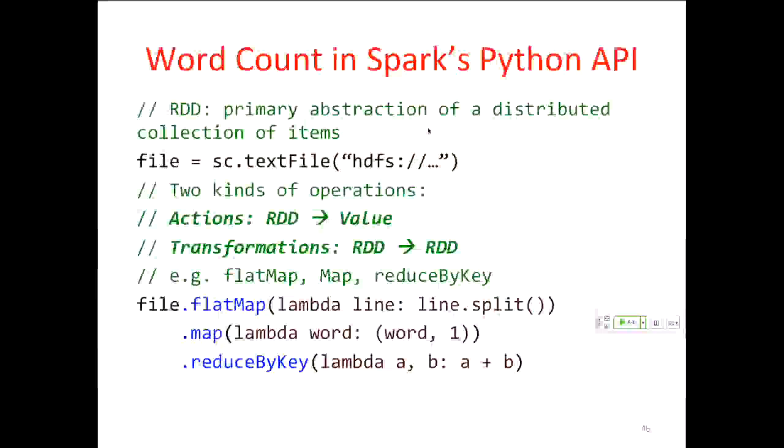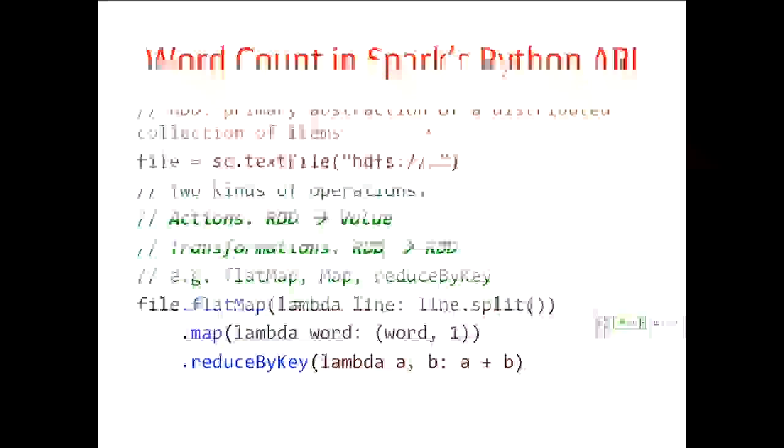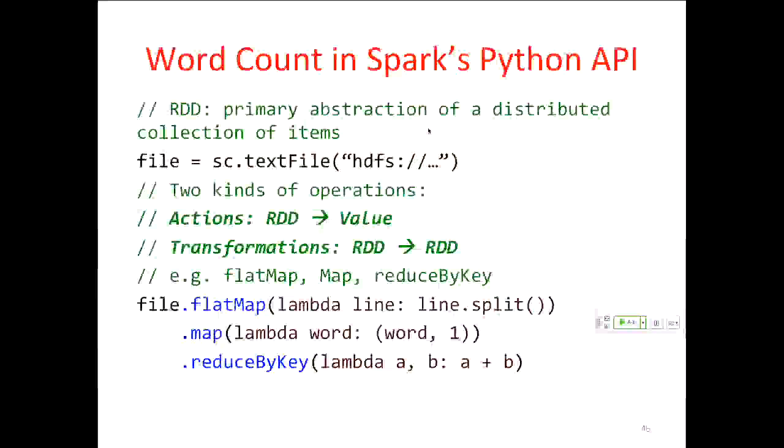So you can use this data as if it were a single data structure and apply related functions to it, okay? There are two kinds of operations for this data set. Actions take this data structure, called an RDD, and generate a single value, okay? You have to apply these action functions carefully because in many cases you want to reduce for each key, not the entire data set, right?